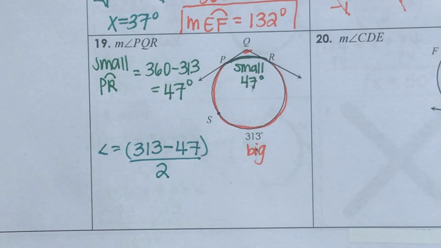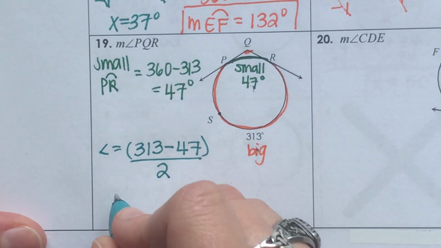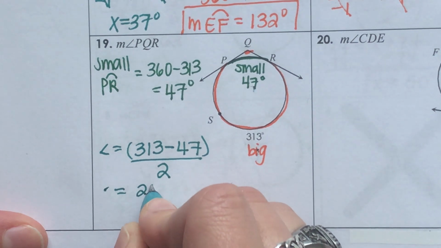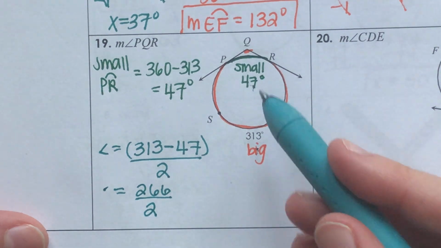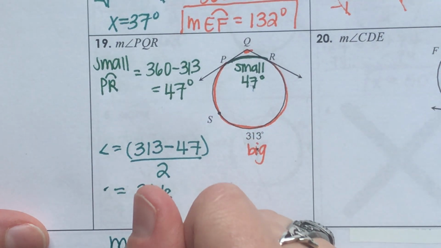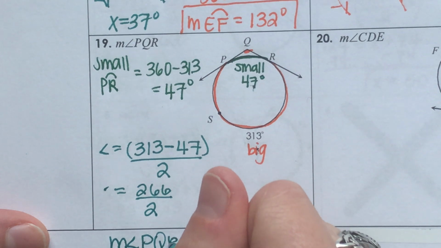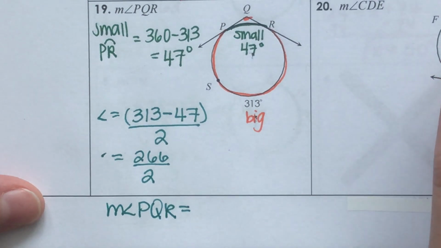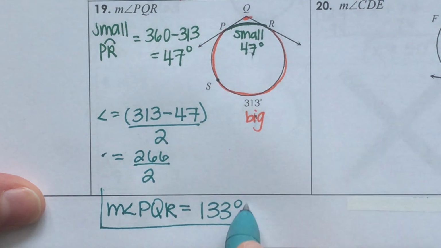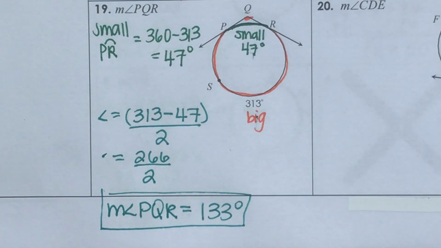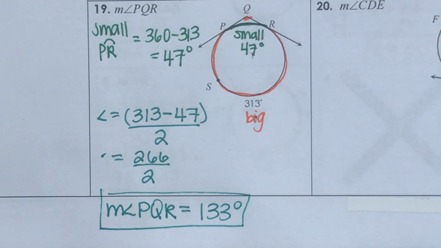If I subtract those two, I get 266, and if I divide that by 2, I get that the measure of angle PQR is 133 degrees. Also, I don't know if I said this, but please make sure you're putting degrees for every single one, because you know, Mr. Masso, if you don't put degrees, guess what? You get it wrong. So make sure you do that.